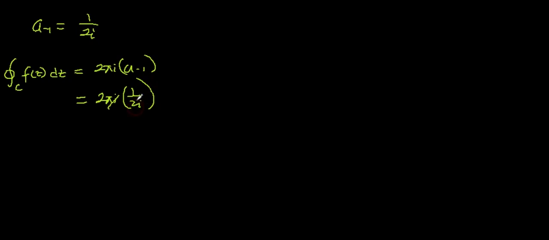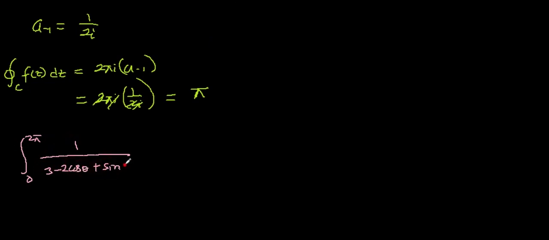So i will divide i, 2 will divide 2, you'll be left with pi. So that means our answer here, integral from 0 to 2 pi of 1 over 3 minus 2 cos theta plus sin theta d theta will be equal to pi, as proved.